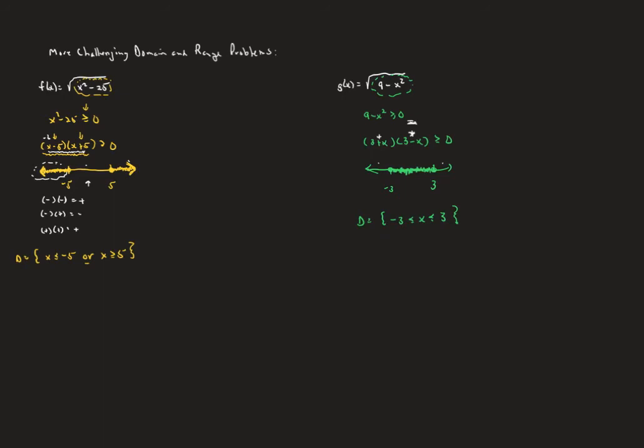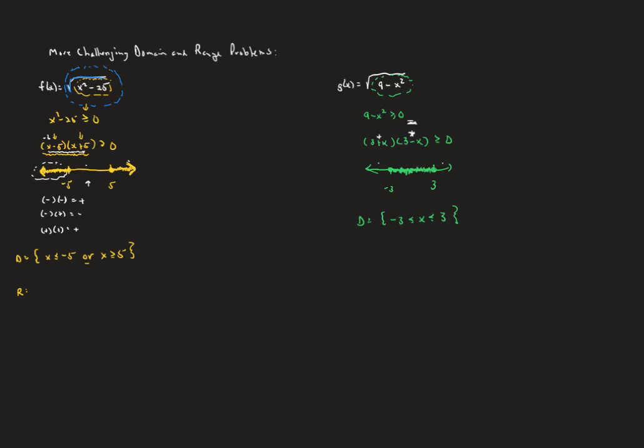Now, the range is tougher. So let's talk a little bit about this. And I would let you use your graphing calculator. You can also, if you reason your way through it, I'm going to try to make this claim, you can see that the smallest this could be is going to be when it's equal to 0, because there's no way a square root can be equal to a negative.